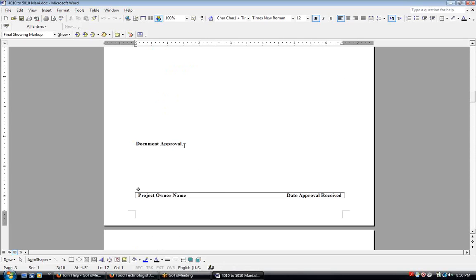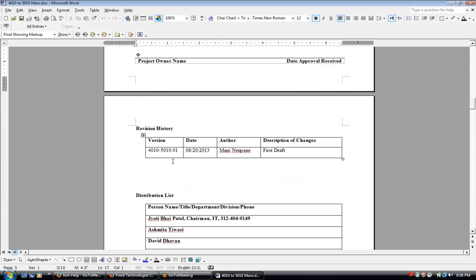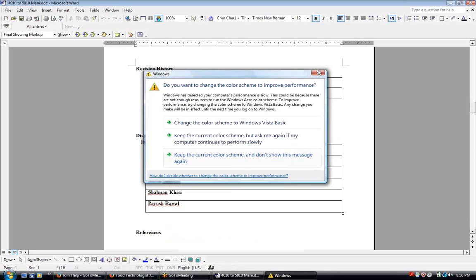And then finally, I think this would be the last stage, to my understanding: every time you do a version, it's the document approval. I think that is how it goes. Right. And then the revision history. Because this is just initial, you would only see one column here. As you go on and revise it, there will be 0.01, then 0.02, 0.03, and so on and so forth. Right. And this is just a distribution list.